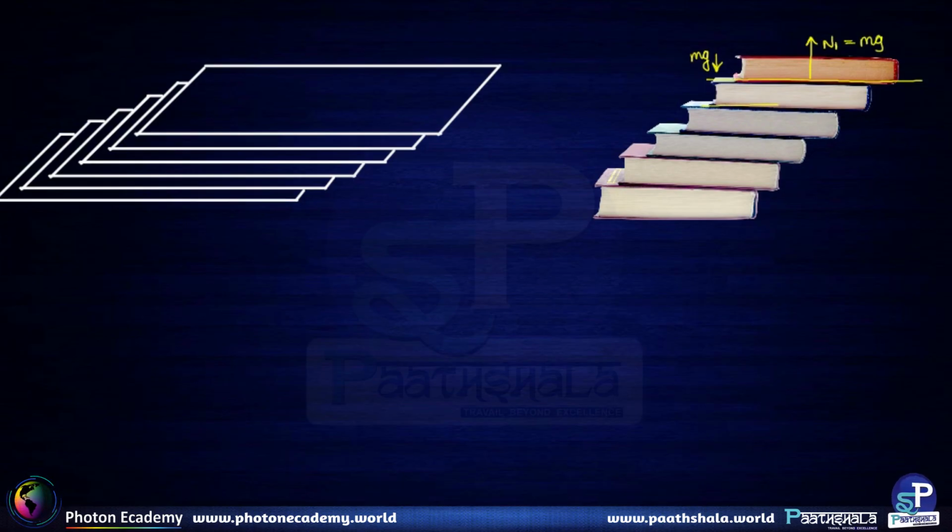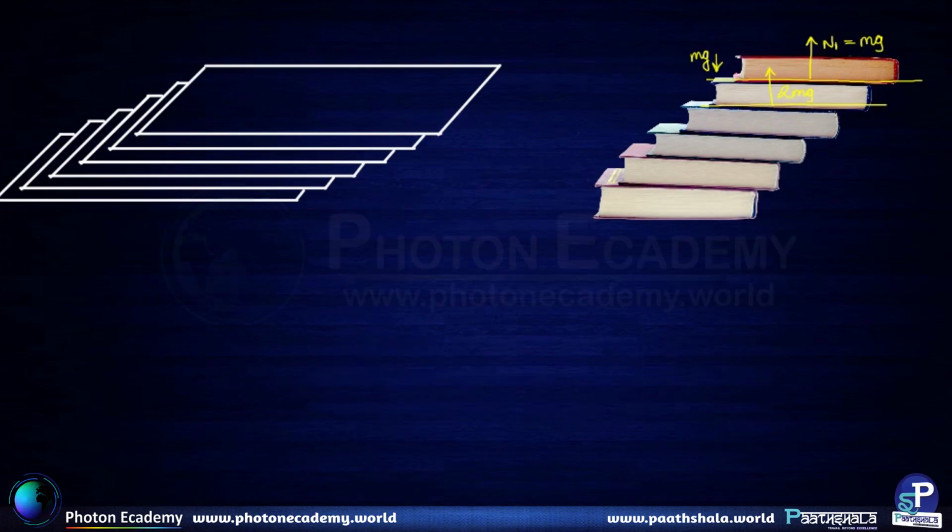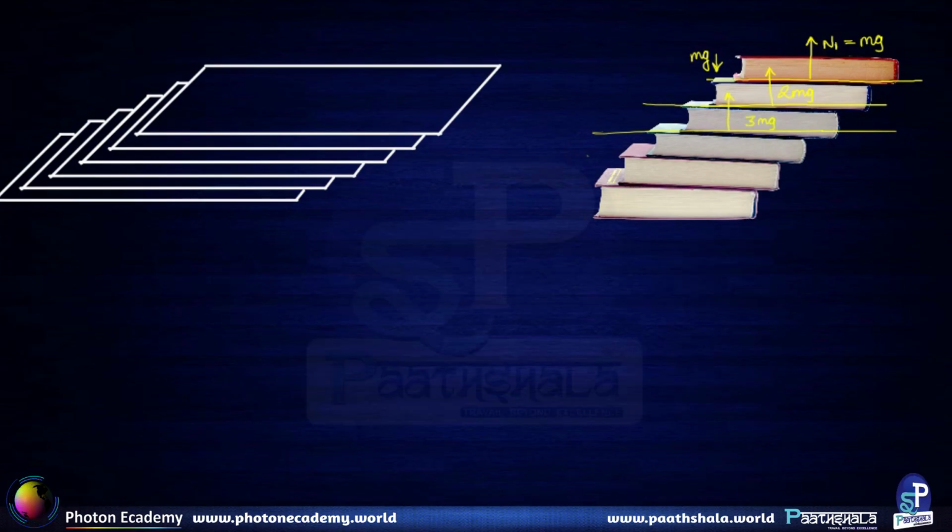Similarly, the normal reaction acting on the second book is going to be 2 mg, because on this surface 2 mg effective weight or force of gravity is acting because of the top two books. Similarly, on this third surface, 3 mg would be the normal reaction acting. On this fourth surface, 4 mg would be the normal reaction acting.